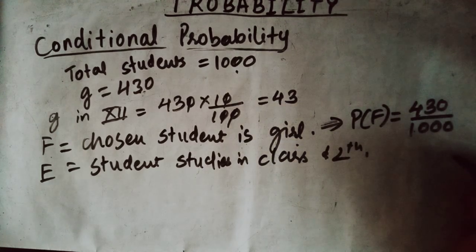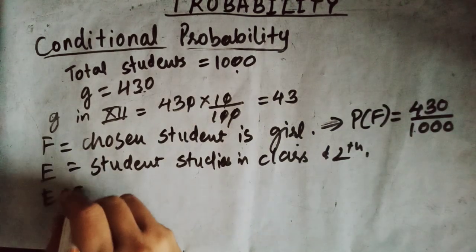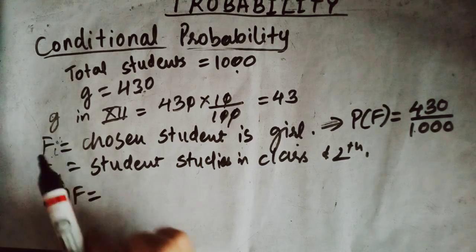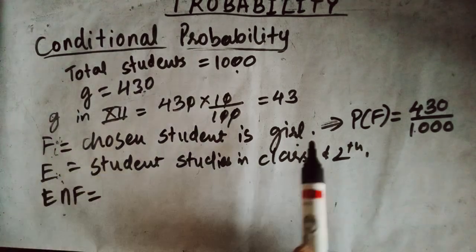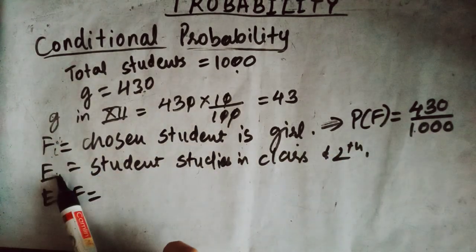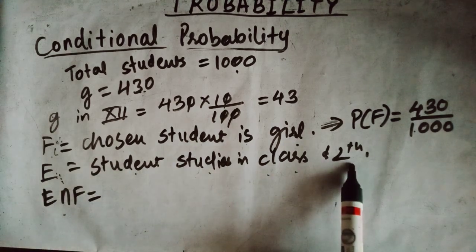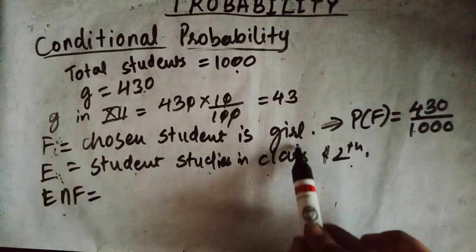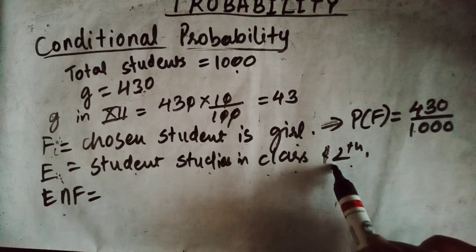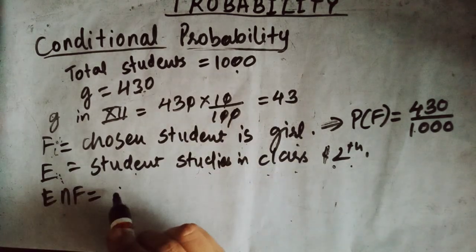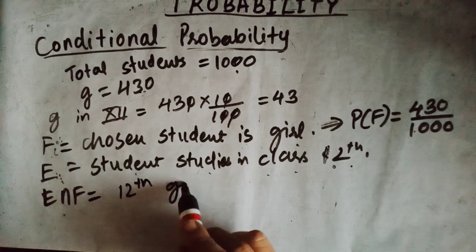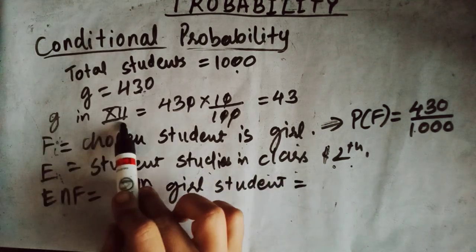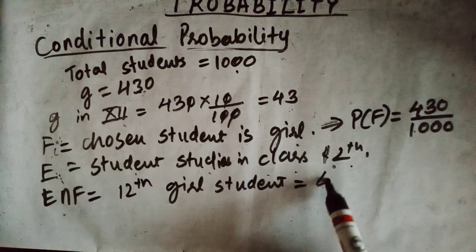Okay, and now we want E intersection F, correct? So what will be the intersection of these two events? F event is the chosen student is a girl, means all girls 430, and E is the student studies in class 12th. Okay, so the intersection will be what? Girl, plus it has to be a student of class 12. So class 12th girl student. How many are there? Girls studying in class 12 are 43, right?